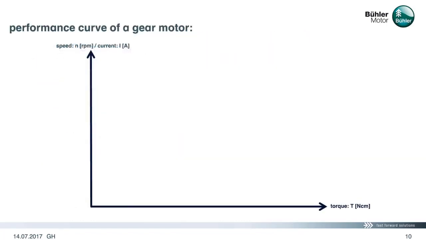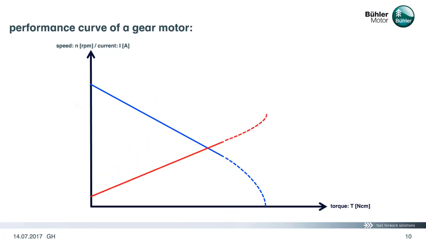If we look at the performance curve of the gear motor now, we see the speed versus torque and the current versus torque curve, with their no-load values, N sub 0 and I sub 0, on the y-axis intercept. The Tmax value, defining the maximum torque for the gear motor, terminates the linear range of the curves.